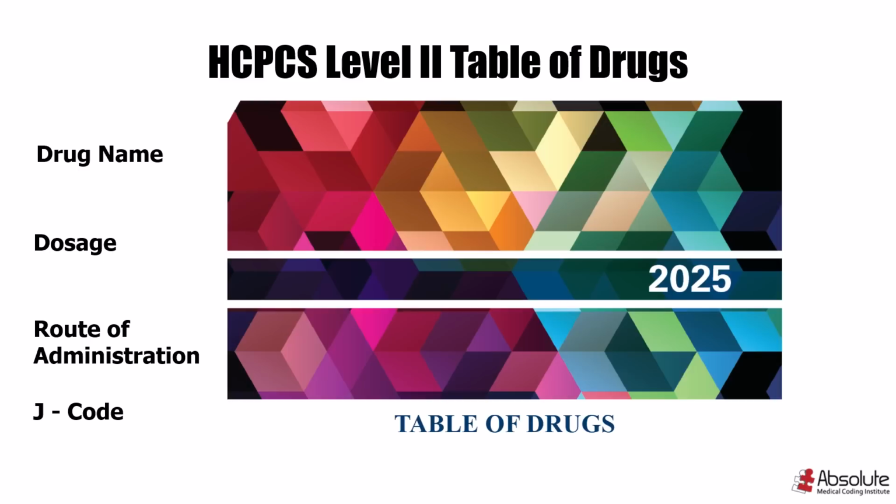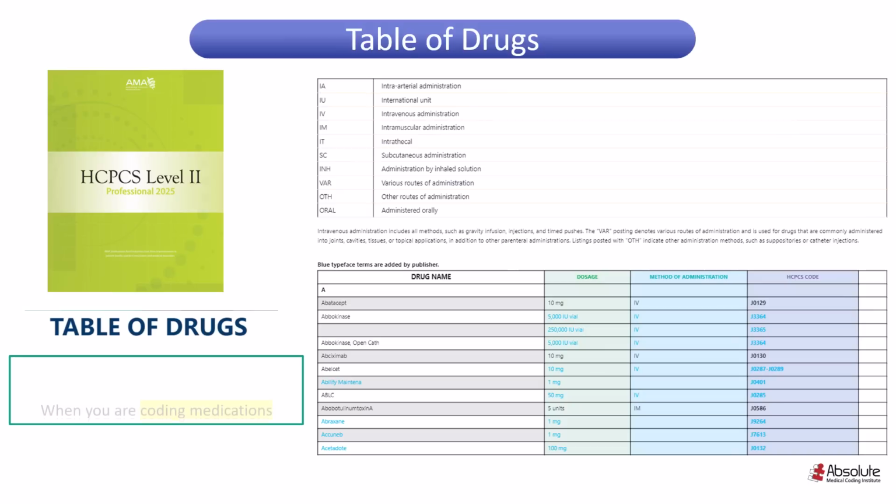Now let's take a look at the table of drugs, and it looks like this. So the drug name, the dosage, the method of administration, like how the drug accesses the body. And again, coders, we're not coding for the administration, but we need to know the method. And the HCPCS Level II code will be here. And of course, they are J codes.